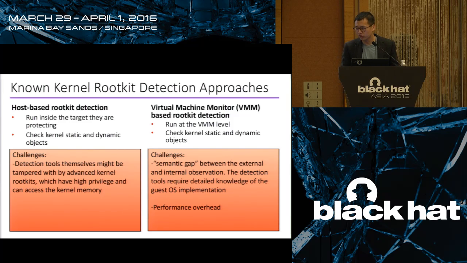One of the biggest challenges is that it has semantic gaps between the external and the internal observation of the guest operating system. What that means is that it requires very detailed knowledge of the guest OS implementation. People try to come up with different ideas to bridge the semantic gaps, but all of these ideas so far incur a significant performance overhead.